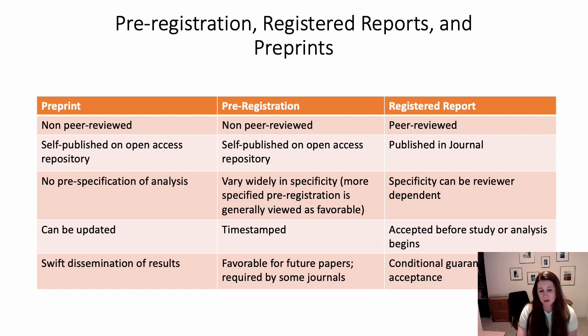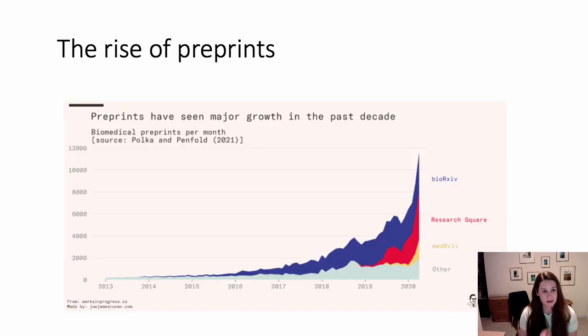Okay, so the last thing I'll say on this before we go into a little bit of a demo is that preprints in particular, but all three of these modes, have seen a rise in the past 10 years.